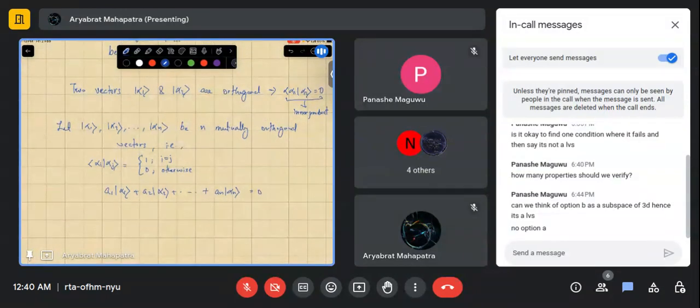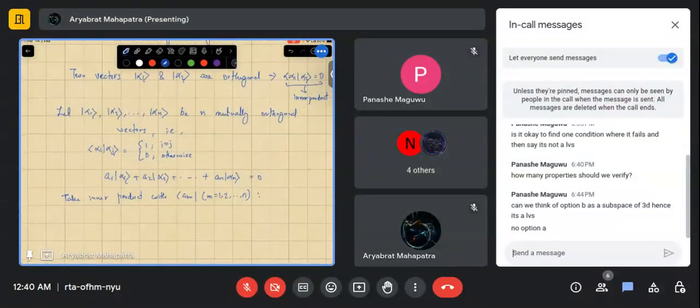Now let's say I take the inner product with alpha m, with the index running from 1 to n.